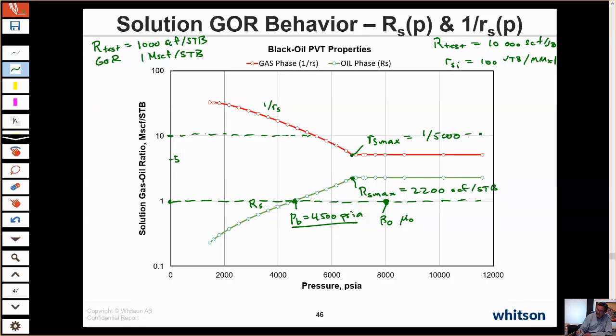So that's 200 stock tank barrels per million. Because our 100 is less than 200, then we know it's a gas. And we need to go get its dew point, and that dew point is right there. It looks like about 5,200. Now if the reservoir pressure here was 10,000 pounds, then we would go all the way out here with the undersaturated properties until we reach the 10,000 pounds. It's right in here. And we would get our mu G and our Bgd.